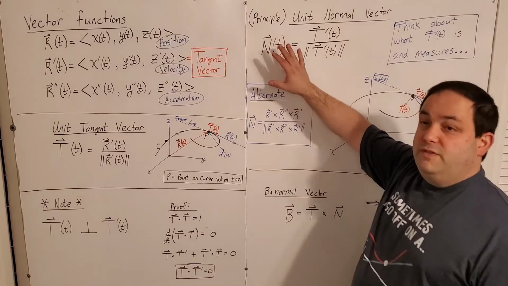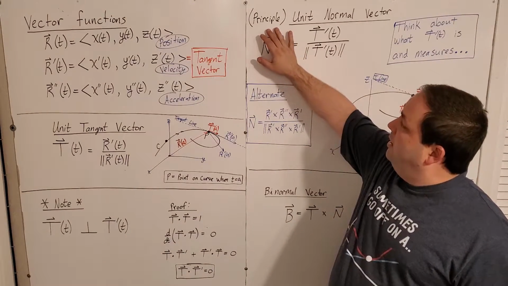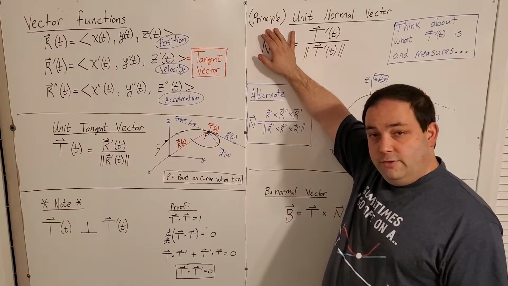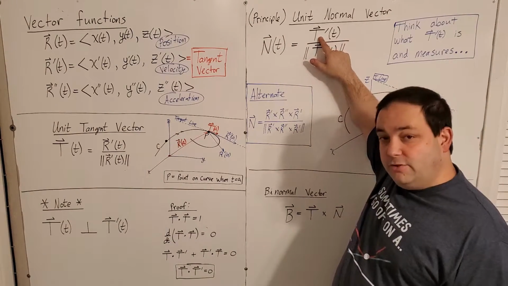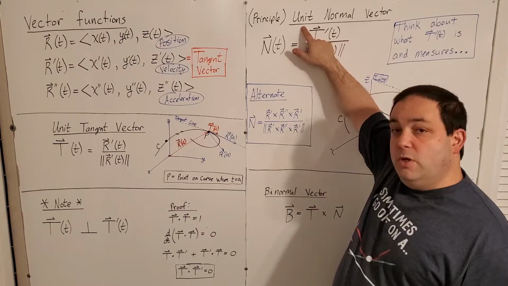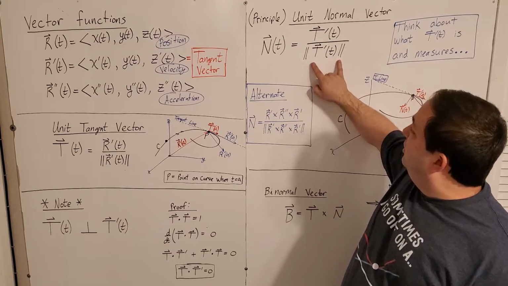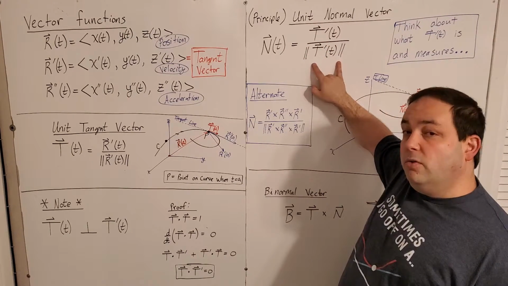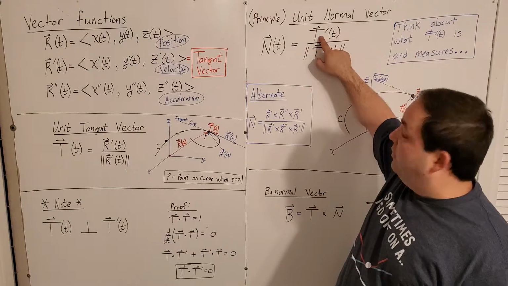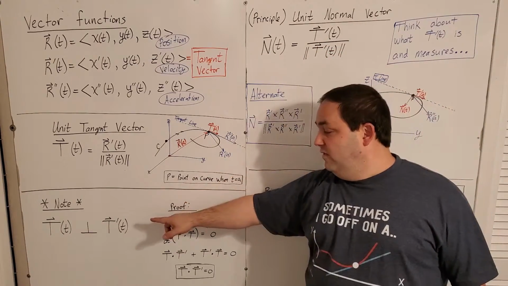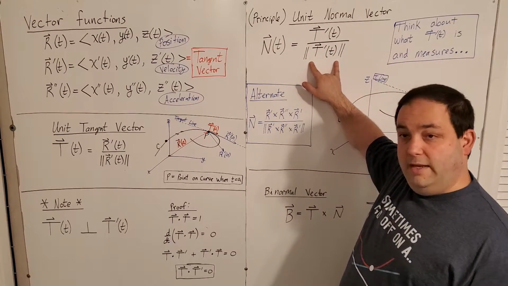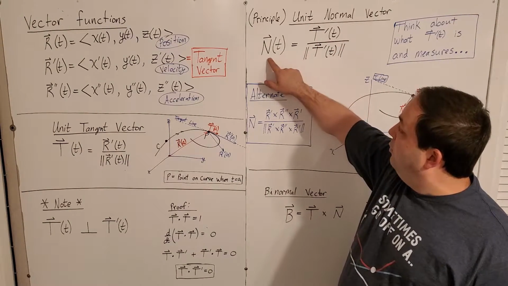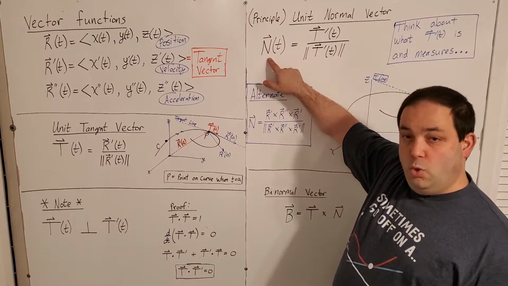And that's where we can move to here. Of course we still want to work with a unit vector. So when I take T prime, I get a normal vector, but I want it to be a unit one also. So I'm going to divide by its own length also. After I've taken the derivative of the unit tangent vector, I also find its length and divide by it. That will give us what we call the principal unit normal vector.